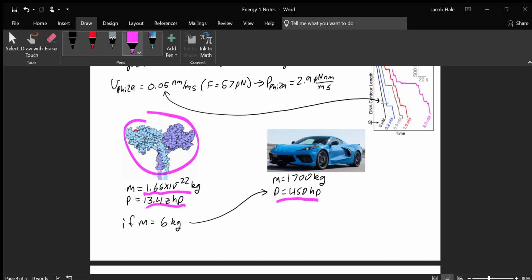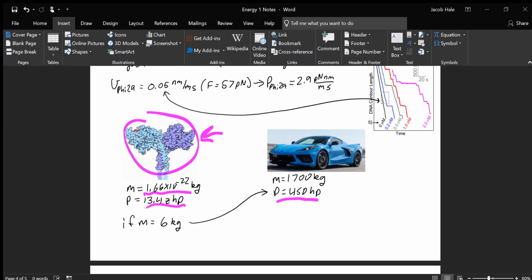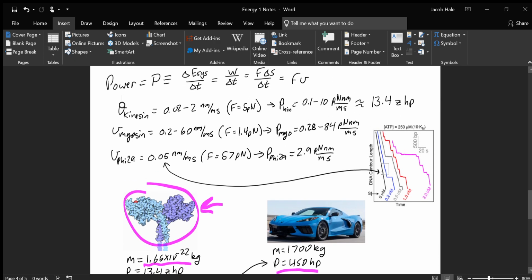So the engine of this molecule is quite strong, able to deliver quite a bit of energy in time. It has a lot of power. Okay, I will pause there, and we'll use these other two examples for some class discussion.